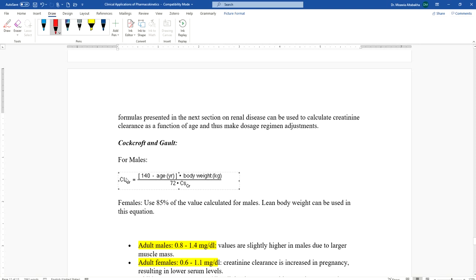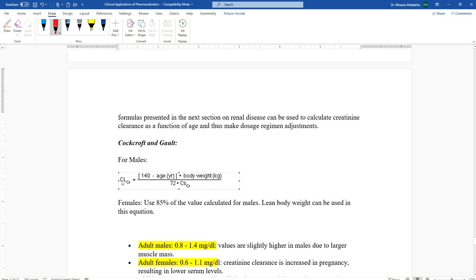If the creatinine clearance is low, most probably the drug clearance will be low. Okay? So one of the most commonly used equations to estimate, this is the right term, to estimate creatinine clearance for us, or in order to assess the kidney function, is the Cockcroft and Gault equation.